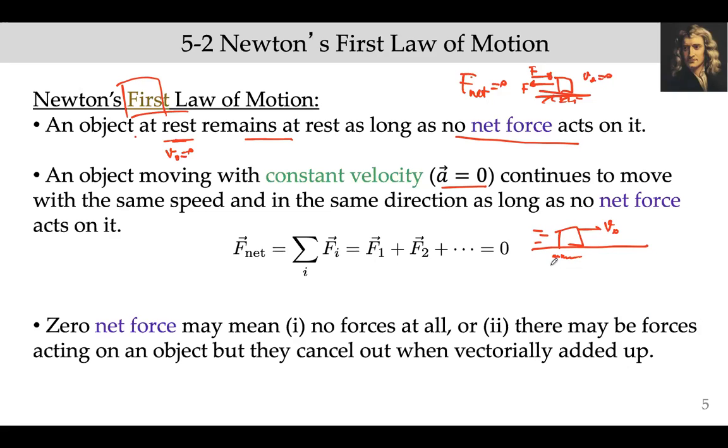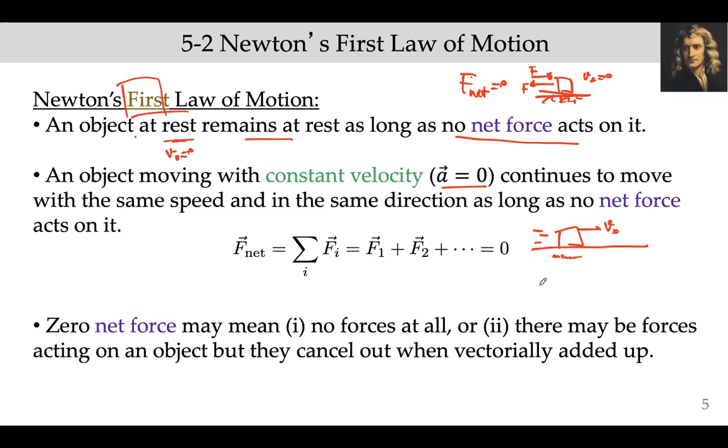This would happen for an object in the sky, if that object is not pulled strongly by any other object around, like the sun or earth, so there's no net gravitational force on the object. We can assume that object will move with the same velocity in the same direction forever.